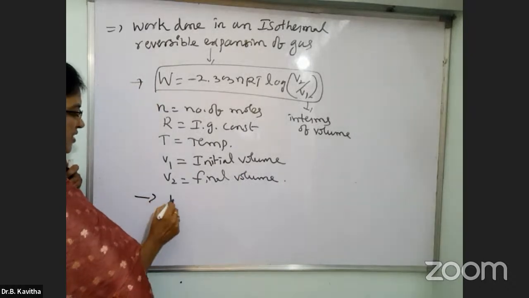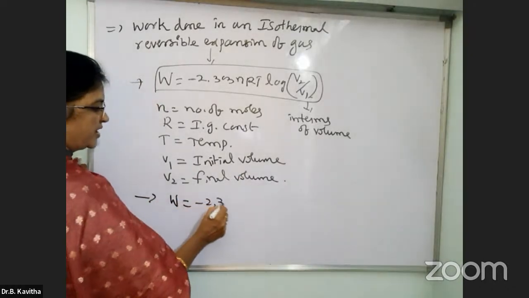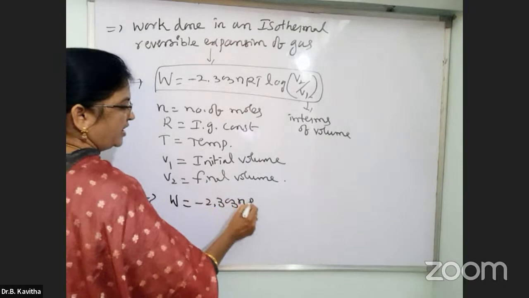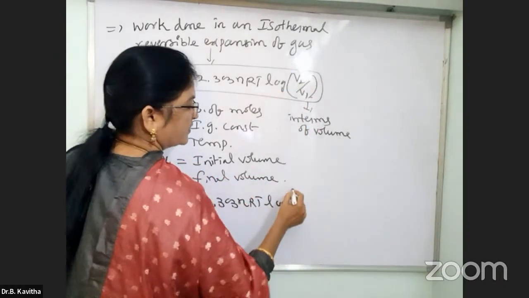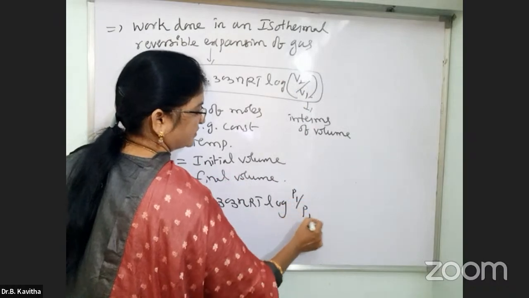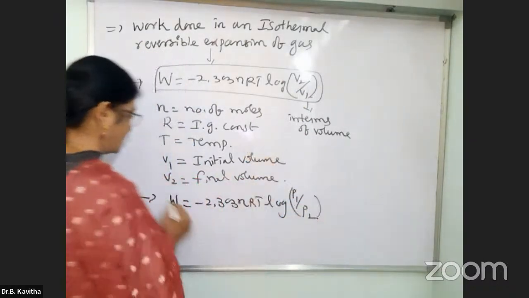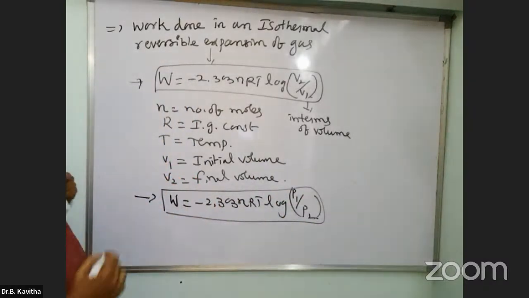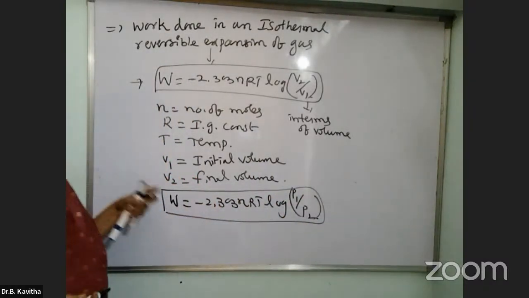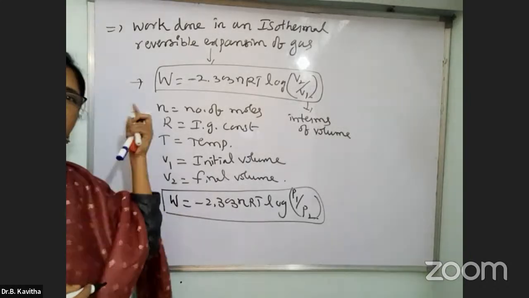And the second equation is W is equal to minus 2.303 nRT log P1 by P2, because volume is always inversely related to pressure. So the equations that I am writing in the boxes, you keep these boxed equations in your mind.